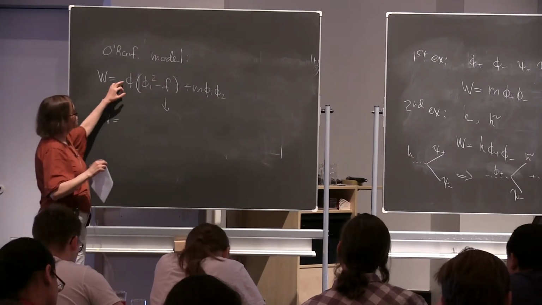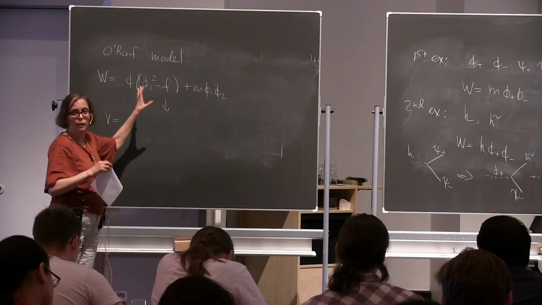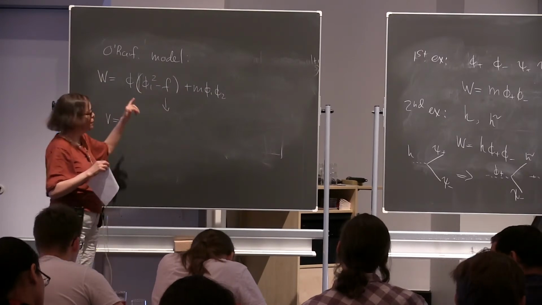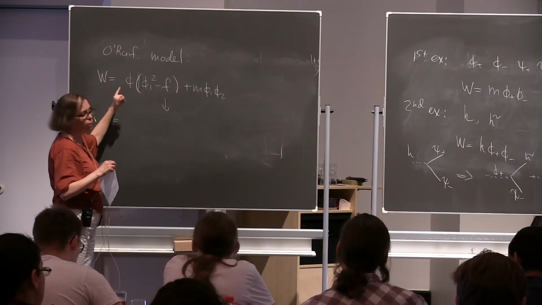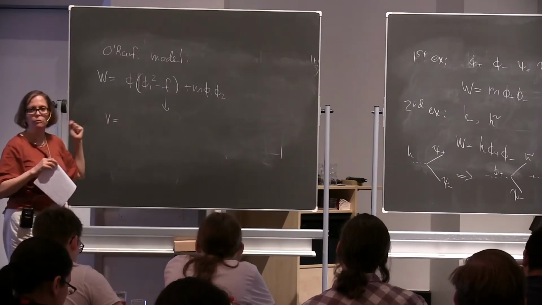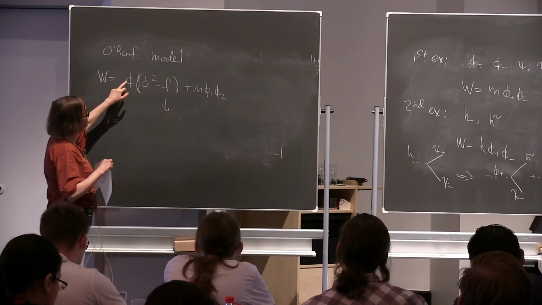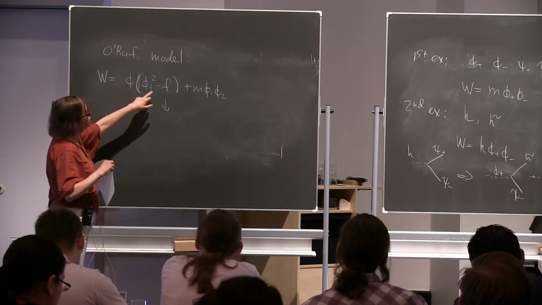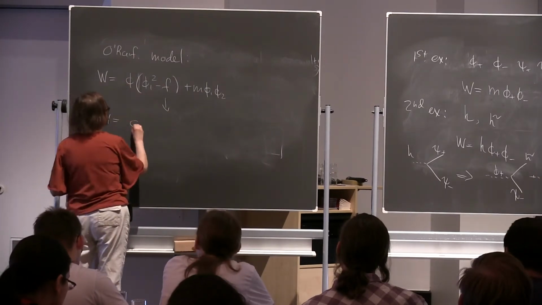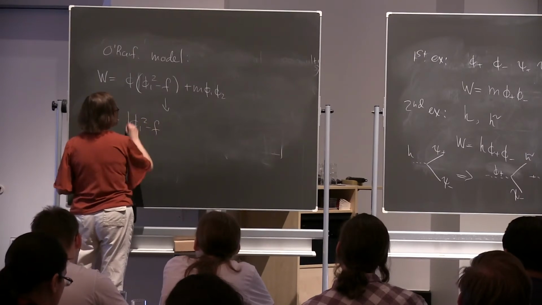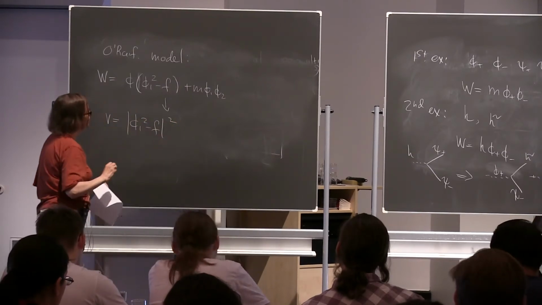So I already said that we need to take each F term and square it, and each one of the F terms is given by the derivative of the superpotential with respect to the field. So starting with phi, for example, I need to take the derivative with respect to phi, so I'm going to get phi 1 squared minus f, absolute value squared.